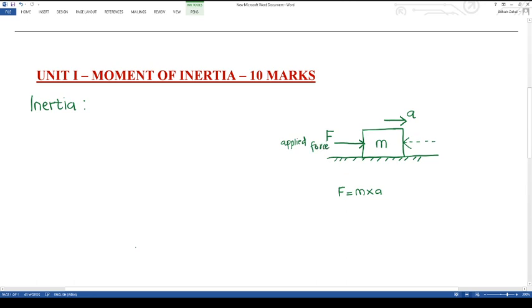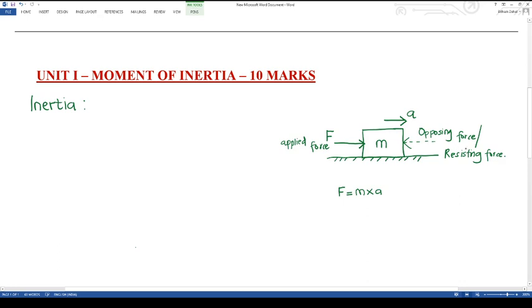So, when I'm pushing the body towards the right hand side, there will be equal and opposite force that will be pushing towards the left hand side, which is towards the applied force, and this force is known as an opposing force or resisting force.